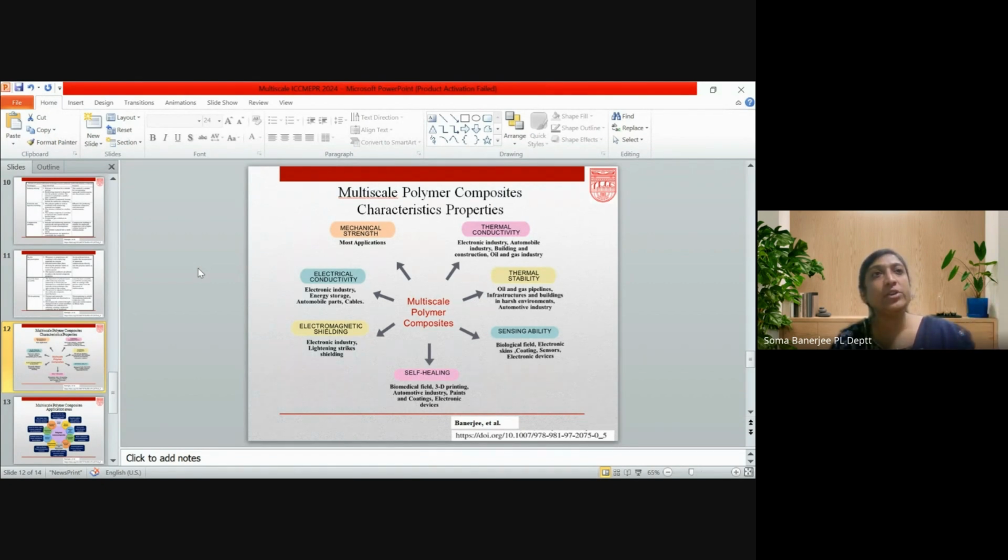We know that carbon nanotubes are an electrically conducting filler, but an optimum concentration is needed to reach the percolation threshold, below which the electrical property will not be obtained. So instead of adding that much carbon nanotubes, if we add some amount of conducting carbon black or carbon nanopowders, then we can reduce this amount, and this can reduce the percolation threshold to the minimum value of the conducting filler. In this way, we can tune various properties like mechanical strength, electrical conductivity, thermal conductivity, stability, etc., where we can add on both the properties.